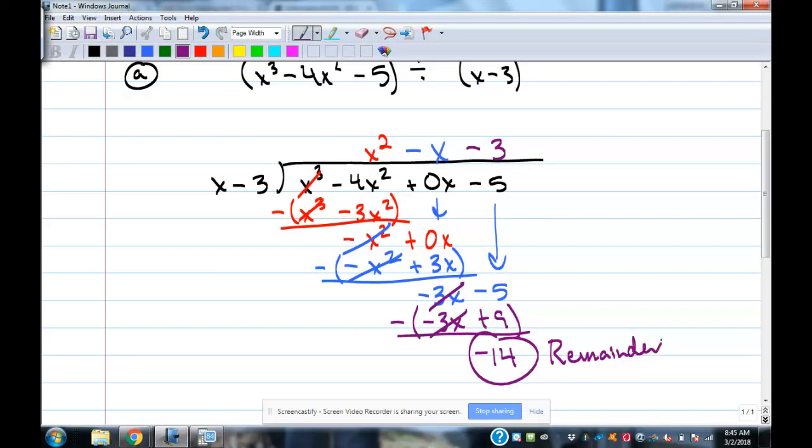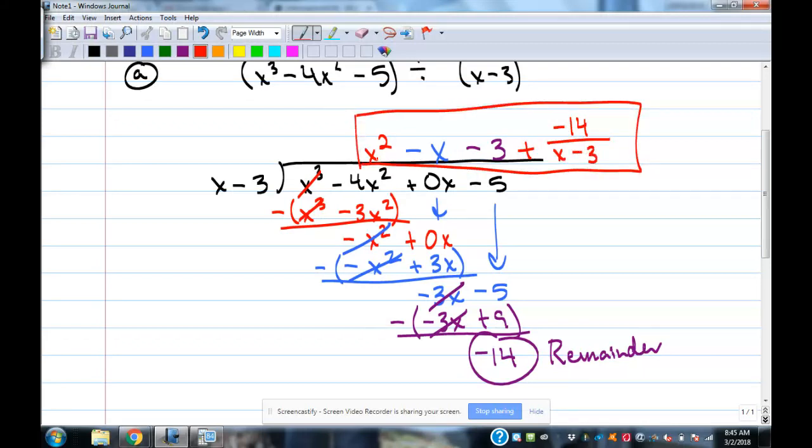And the way we write a remainder in polynomial division is we put plus negative 14 over x minus 3. It's kind of like a mixed number, but it's a polynomial.